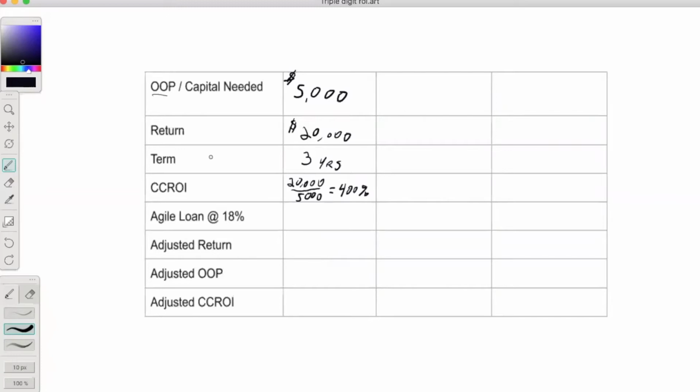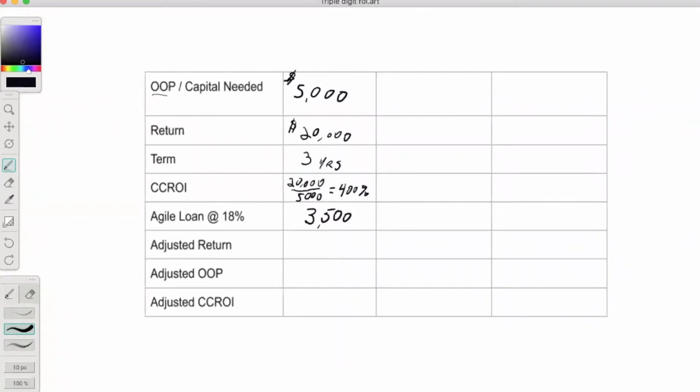And let me break that down for you. If you were to do an Agile loan on this project, and you took a $3,500 loan as part of a partnership, or however you structure it in your deal with an Agile lender, $3,500.